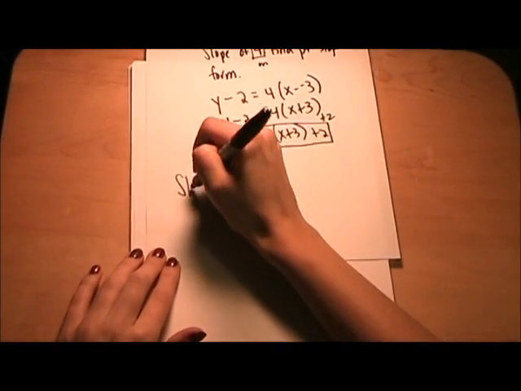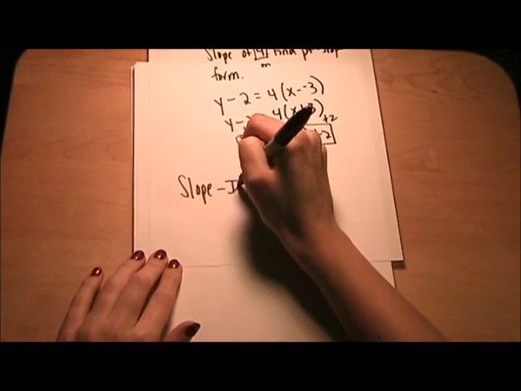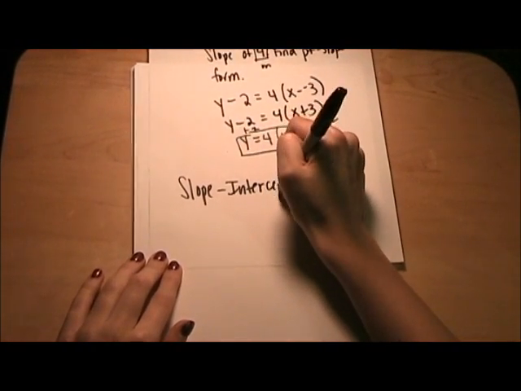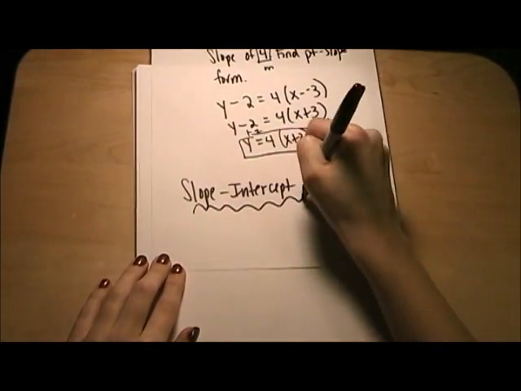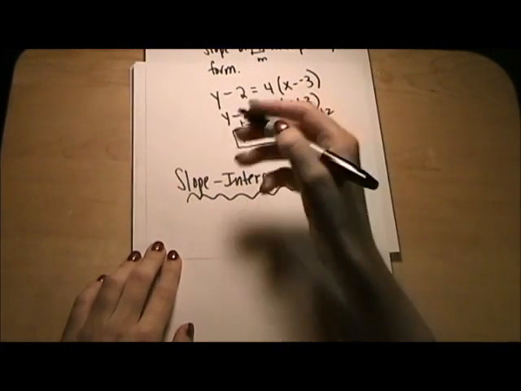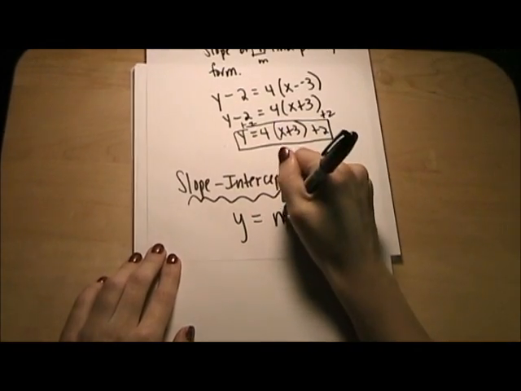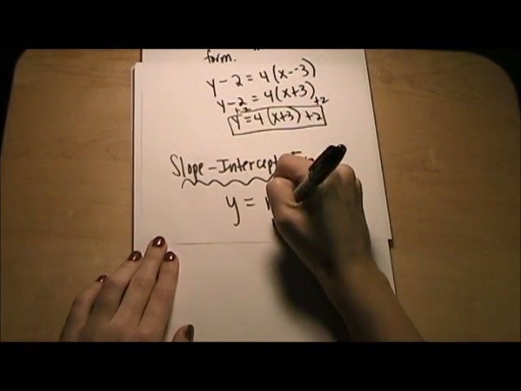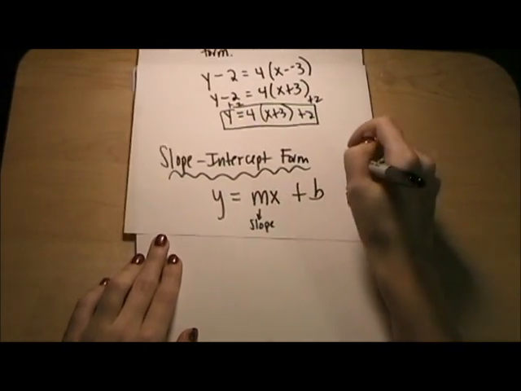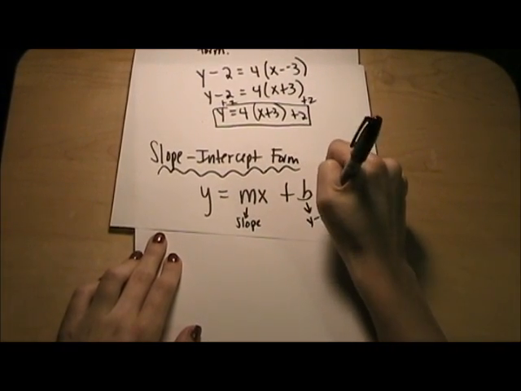Then we have slope intercept form. This should be very familiar by now. That's our y equals mx plus b, where m is our slope and b is our y-intercept.